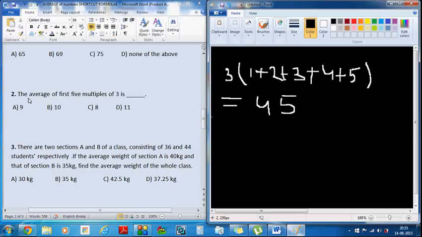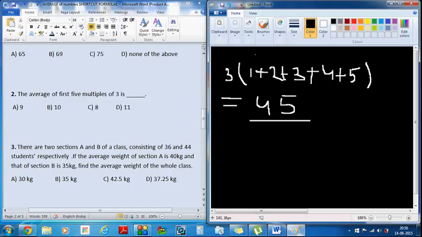So what will be the average of the first 5 multiples of 3? Average means the sum of the first 5 multiples of 3 divided by how many numbers. It is the first 5 multiples, so the number is 5.